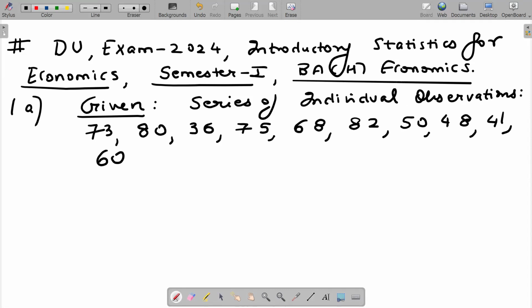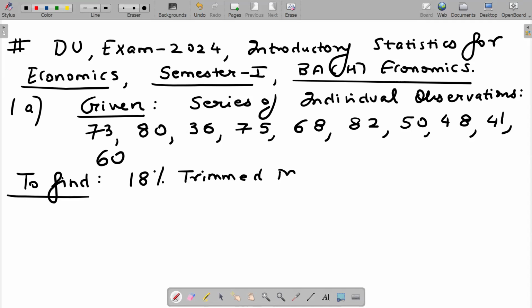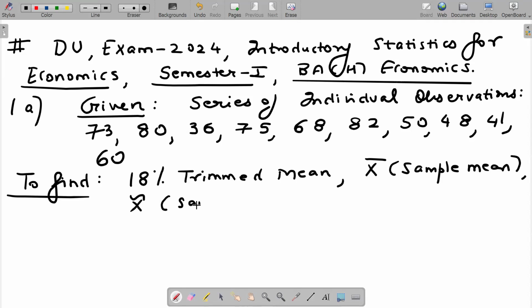I need to find the 18% trimmed mean, and also I need to work out the sample mean, X bar, and we also need to find X tilde, which is the sample median.